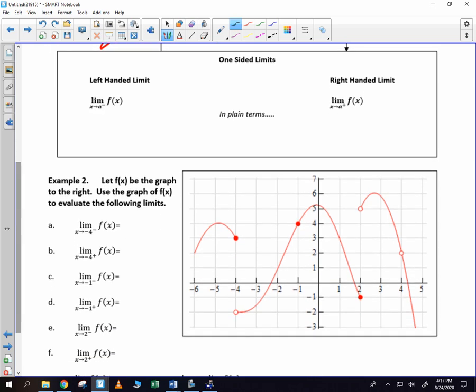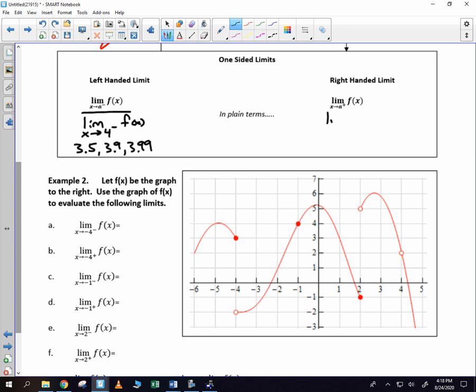Sometimes what we need to do is approach functions from the left as well as from the right. This is the notation for a left-hand limit. Suppose it says limit as x approaches 4 from the negative of the function. What that means is you're going to type in values like 3.5, 3.9, 3.99, values that are to the left of 4.